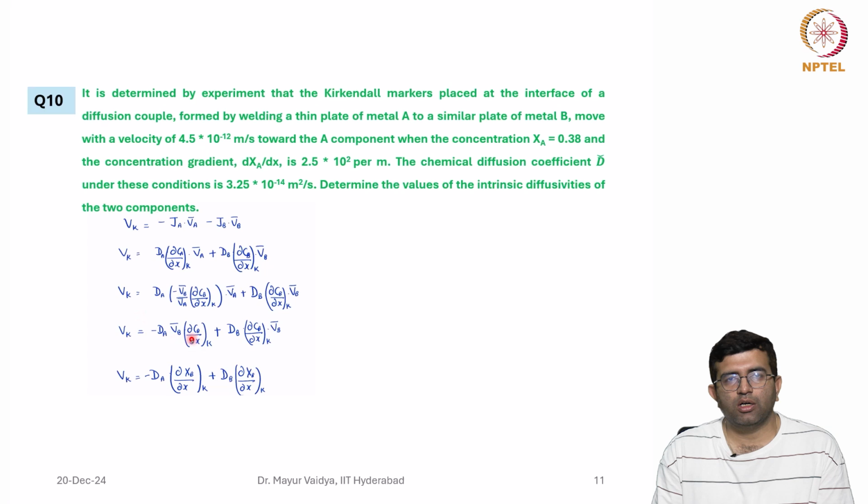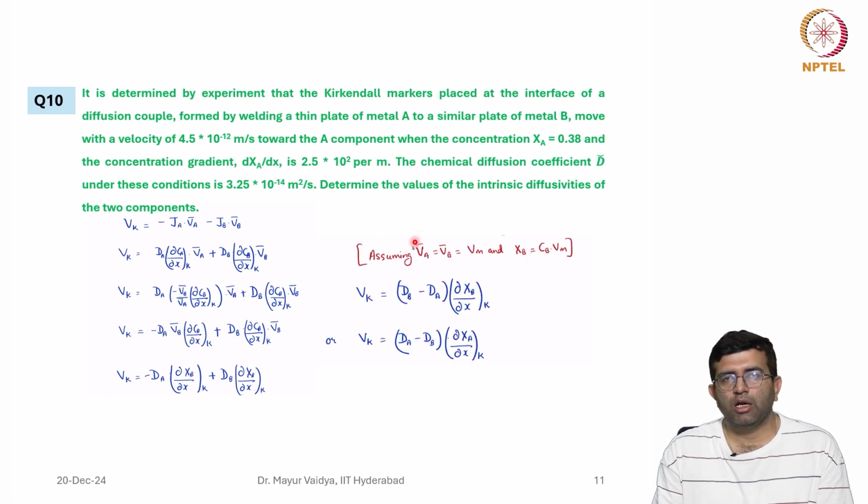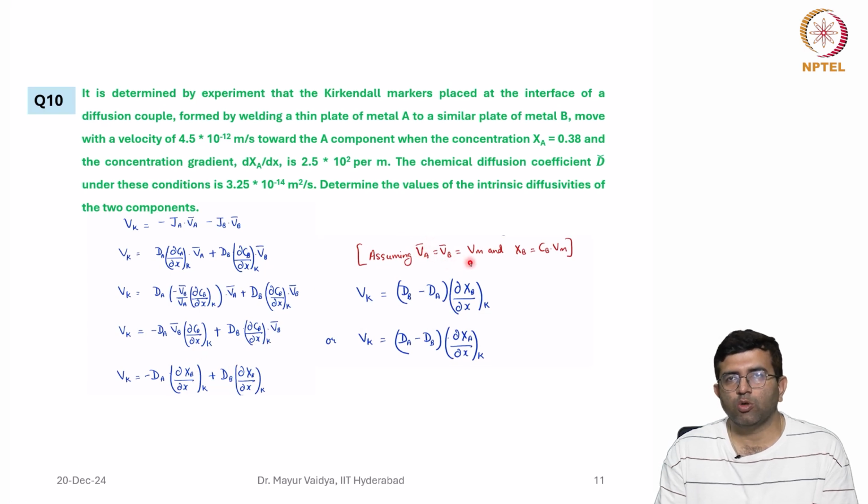If you take VB bar into dCB/dx at k common, you get Vk is equal to minus DA into dXB/dx at k plus DB into dXB/dx at k. How do you get from here to here? It is the assumption that VA bar is equal to VB bar is equal to Vm.